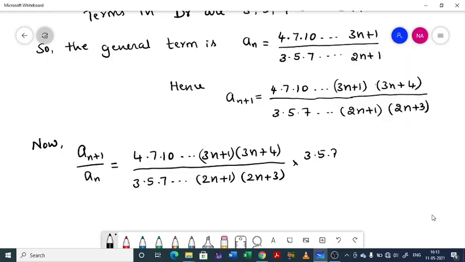So 3 into 5 into 7 and so on, 2n plus 1 divided by 4 into 7 into 10 and so on, 3n plus 1.